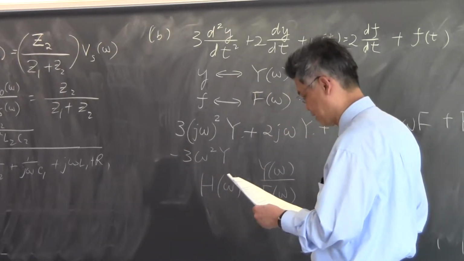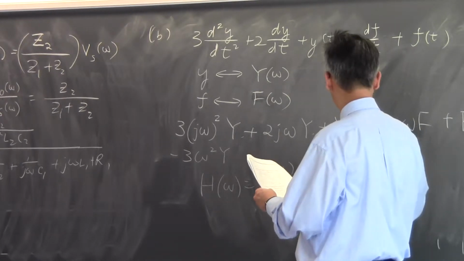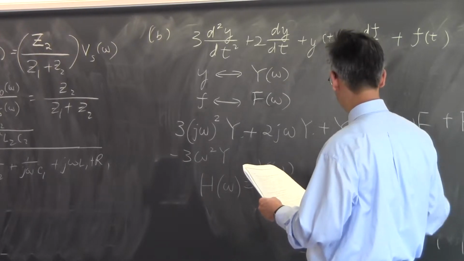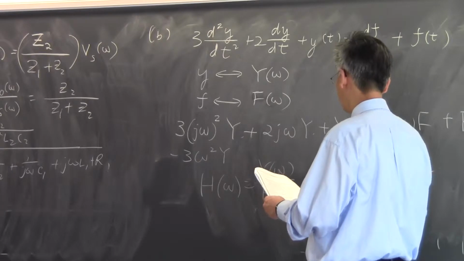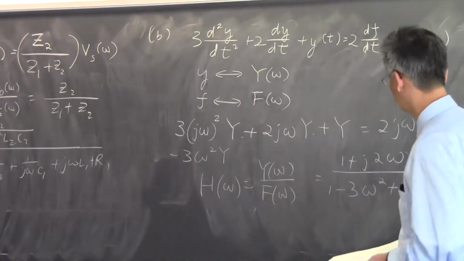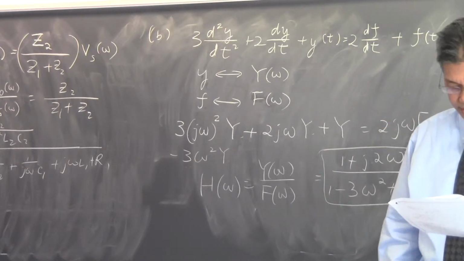This is the input, this is the output, and then you get this to be 1 plus j2 omega over 1 minus 3 omega squared plus j2 omega. So this is the transfer function for this equation.